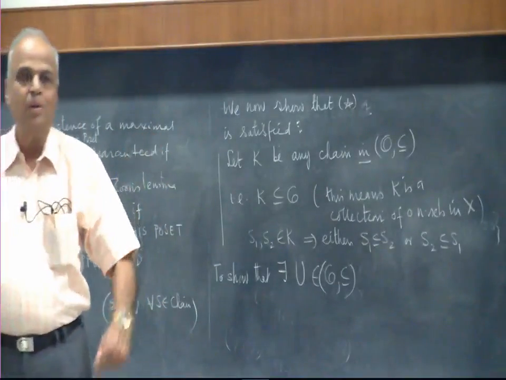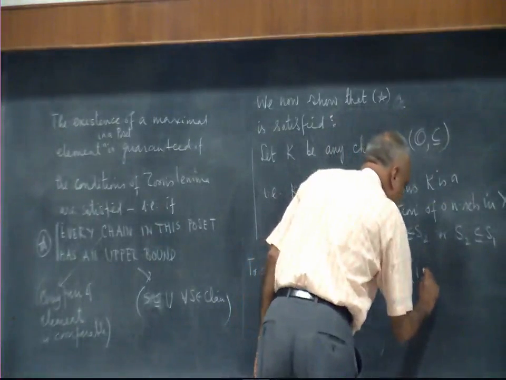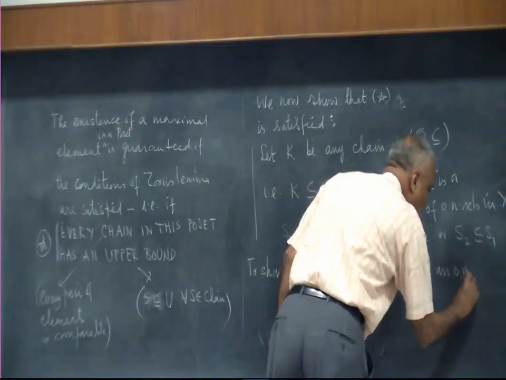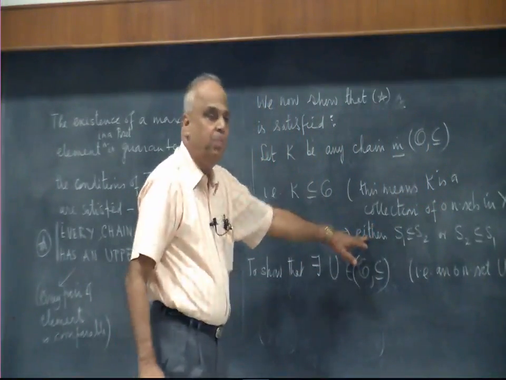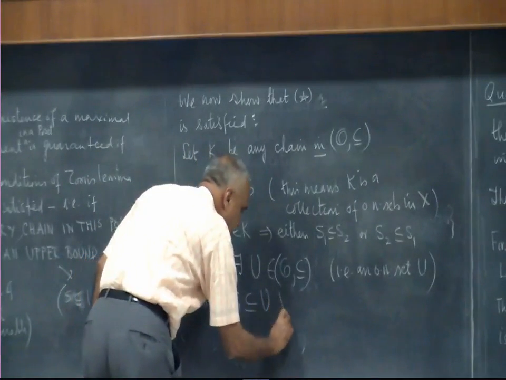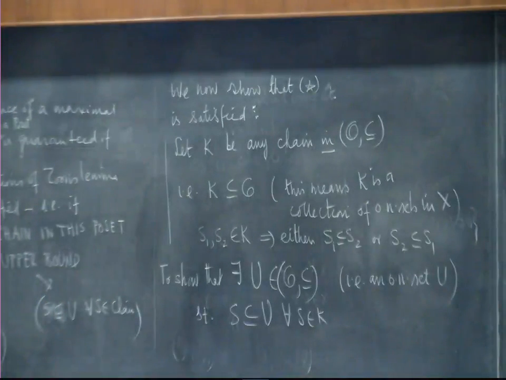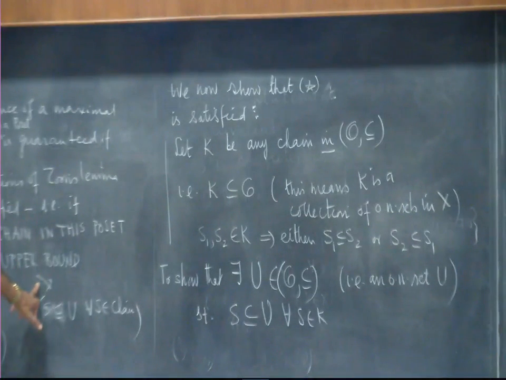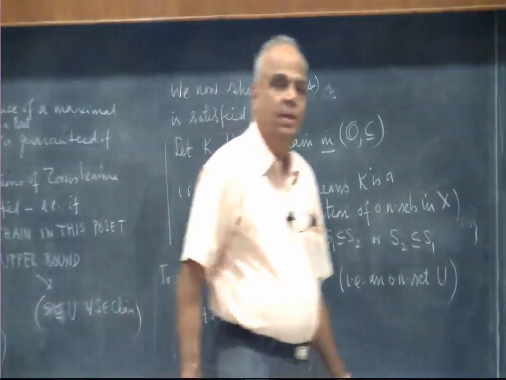U is another orthonormal set, such that it must be an upper bound, such that S is smaller than U for every S in K. No orthonormal set in K can be bigger than U. This is what we have to show: you start with a chain, it must have an upper bound.